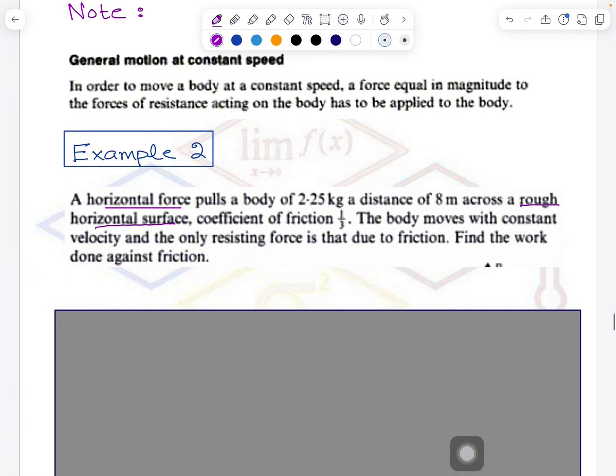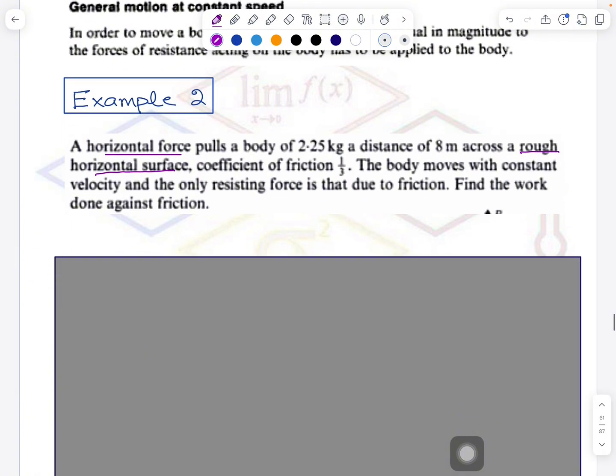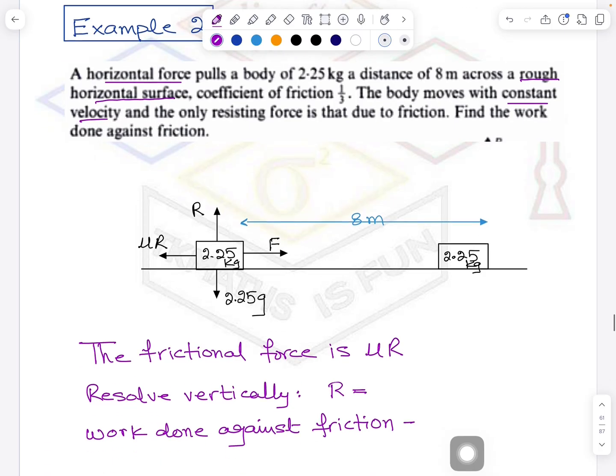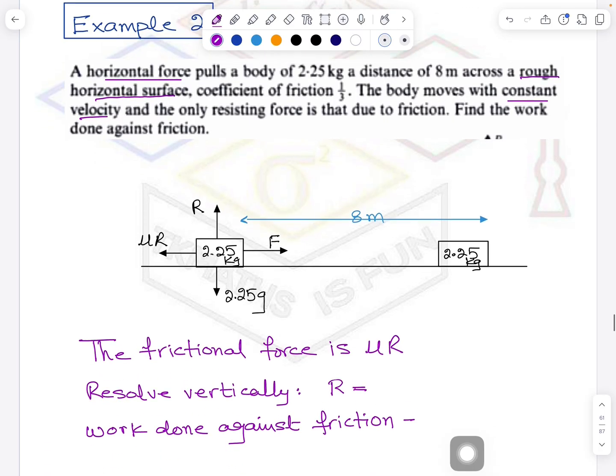The body moves with a constant velocity. Another very important thing: in that case, the maximum frictional force will be applied. Now, let's see the diagram of the same question. I have drawn the diagram here and then I will solve the question. I have not solved the question yet. I will solve it in front of you.